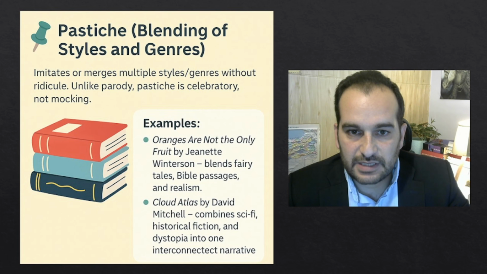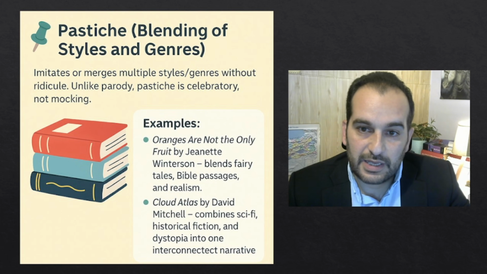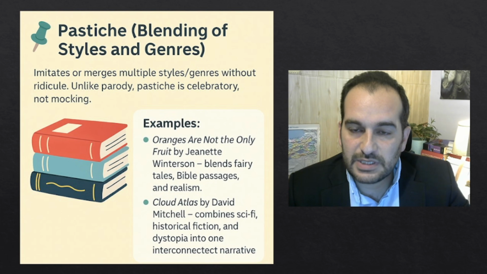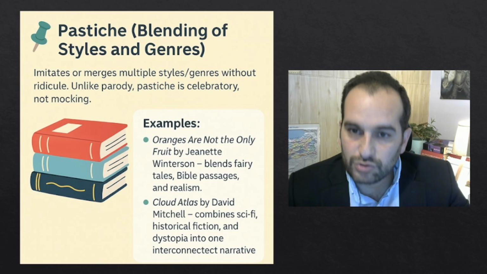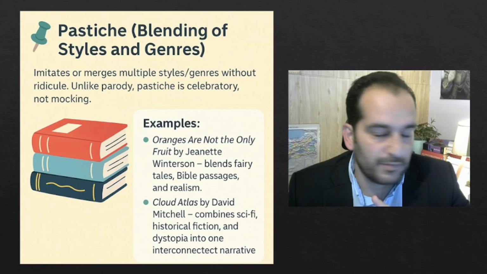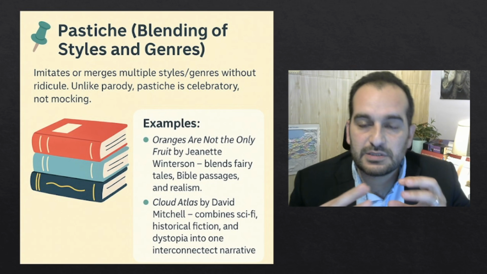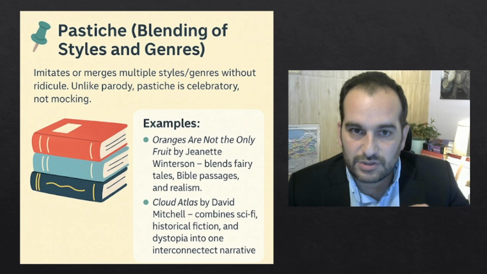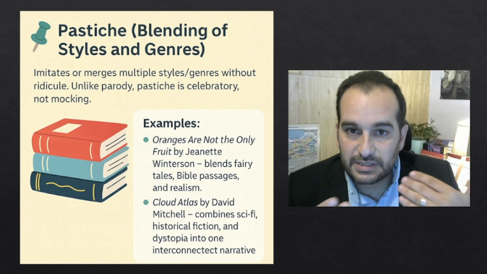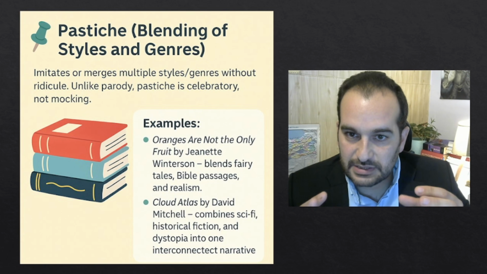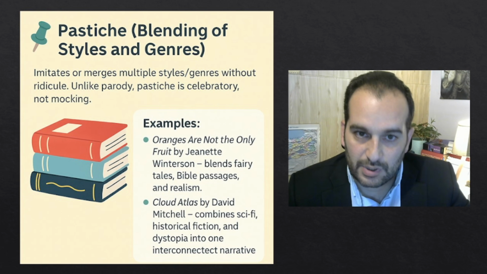We have this example, Oranges Are Not the Only Fruit. Here in this story, we see the combination of autobiography and also fairy tales at the same time. So we see two different genres in one literary work. So unlike parody, pastiche is celebrating this combination or mix of two genres or more.